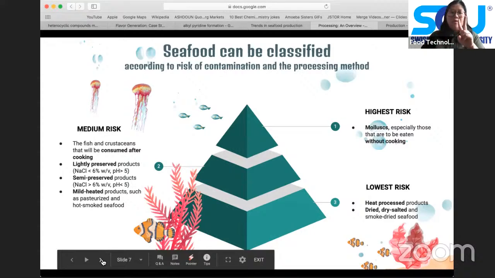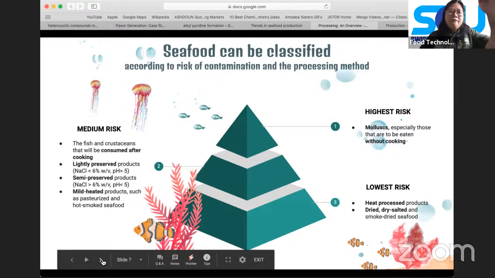The second one is the fish and crustacean that will be consumed after cooking. This is still categorized as medium risk, lower than the mollusk, but still quite risky because it has a fresh period without processing for quite a long time before being consumed.